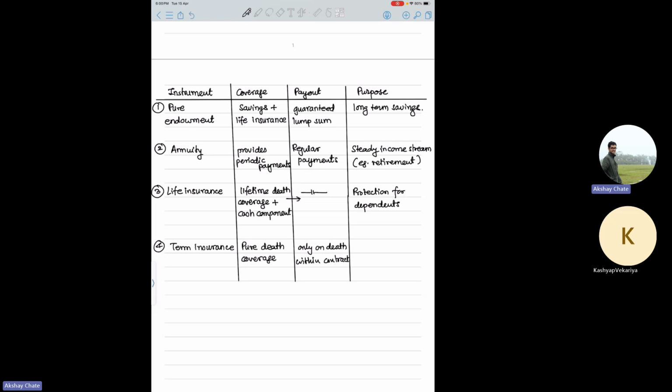But it has its own drawbacks also. You don't usually have any cash component. Now the question is, why do we use term insurance and who is it beneficial for? So it is basically low cost protection against untimely death.